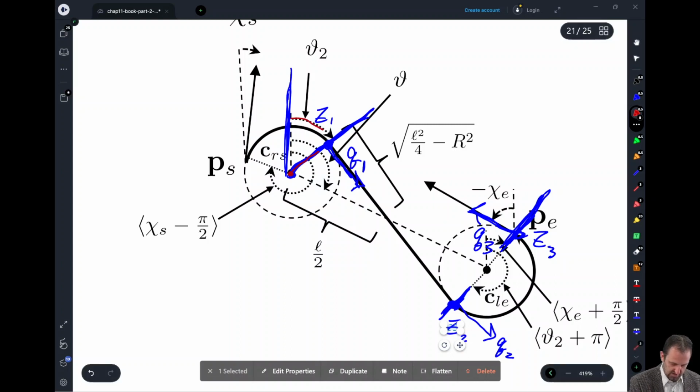Arg theta 2 is pointed in that direction. Sorry, I misread my notes. So arg theta 2 gives us this vector that's pointed in that direction. We want to go from our center to Z2 along that vector.